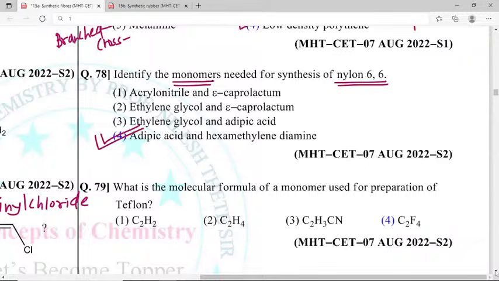So this is your answer. Adipic acid and hexamethylene form nylon salt, and then nylon salt gives nylon 6,6.